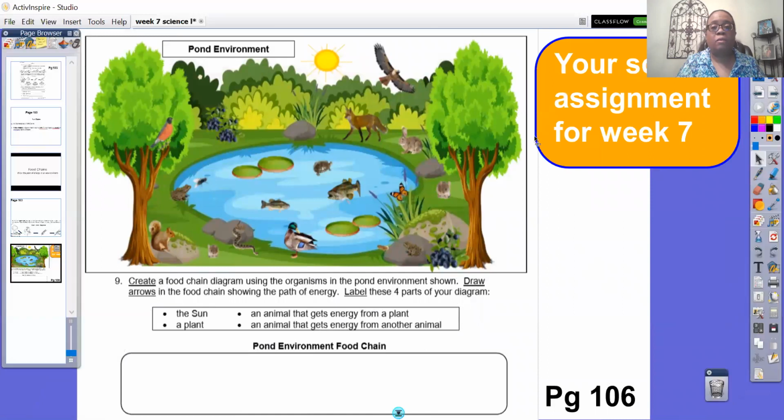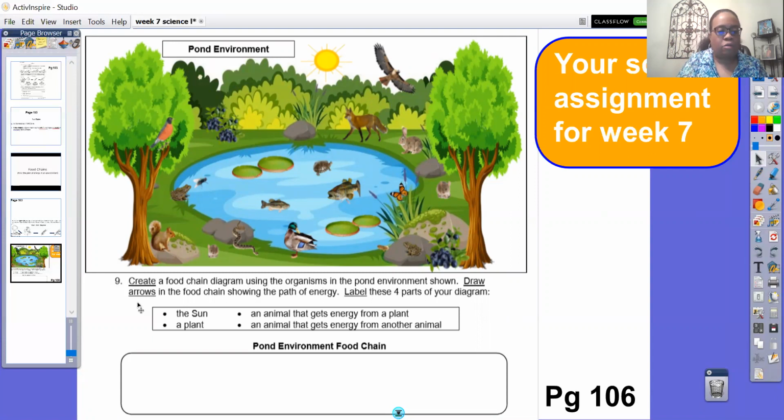Guess what? This is your assignment. Your science assignment for week 7. On page 106, see right here, 106. This is a pond environment. You're only going to do number 9 for your assignment, but you're going to do 2 things. You're going to create a food chain diagram using the organisms in the pond environment shown.